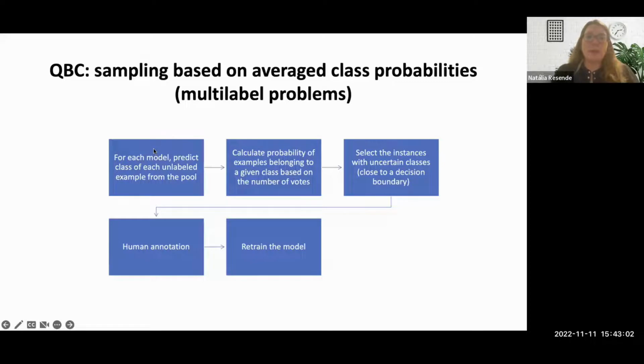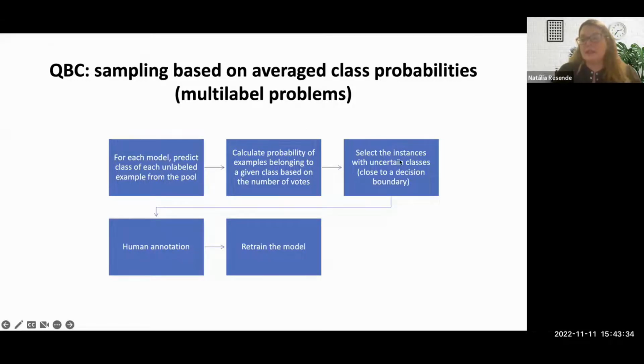But for the query by committee for the multi-label problem, what we do is for each model, we predict the classes for each unlabeled example from the pool. And then we calculate the probability of examples belonging to a given class based on the number of votes. And then we select the instances with the uncertain classes, right?